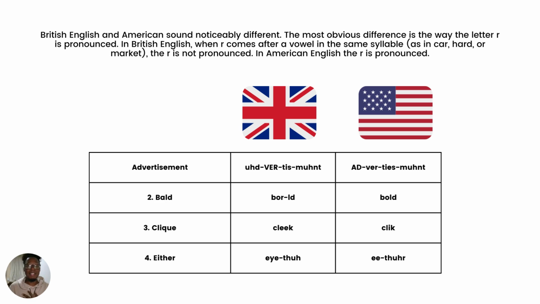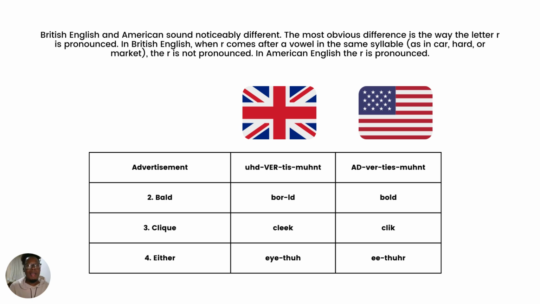In British English, when R comes after a vowel in the same syllable, for example, as in car, hard, or market, the R is not pronounced. In American English, the R is pronounced.